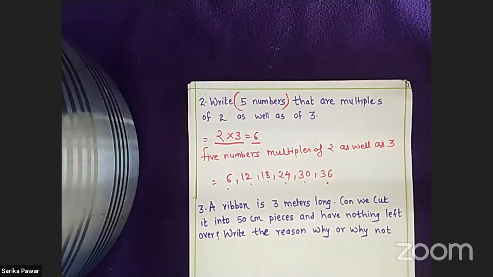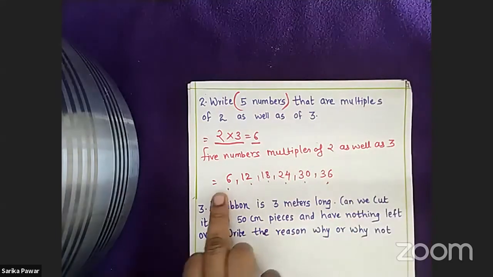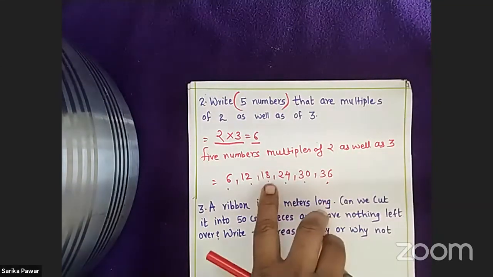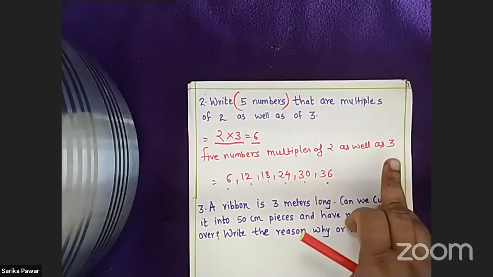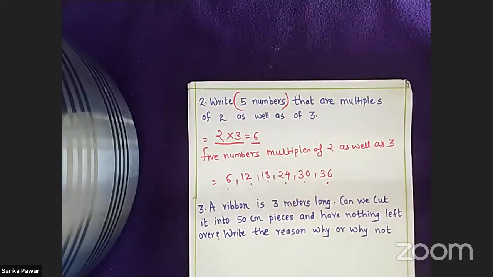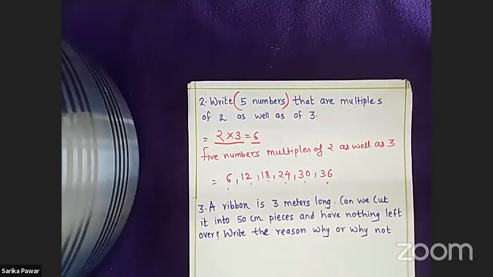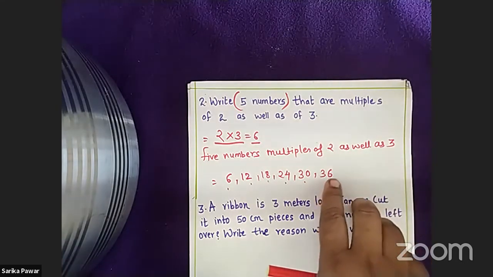Isn't it? Now let us check with the number 3. 3 twos are 6, 3 fours are 12, 3 sixes are 18, 3 eights are 24, 10 threes are 30, and 12 threes are 36.